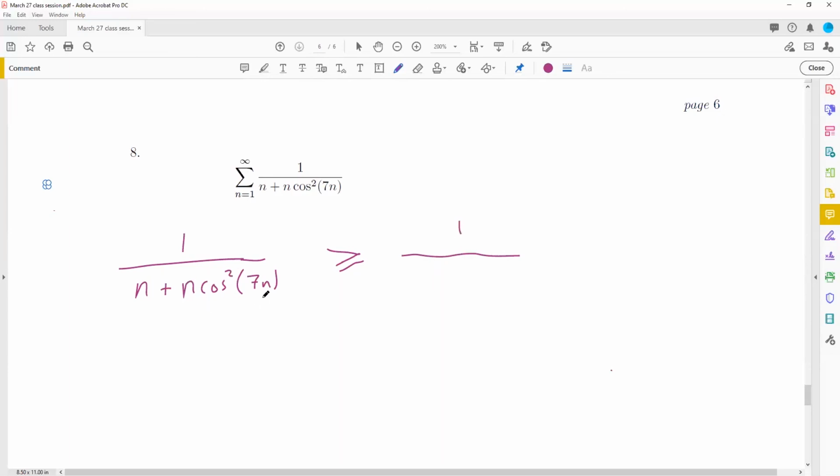Because the idea is you want to drop this, right? You want to just drop this, and it's 1 over n. But if you just drop this, then you're making it larger.